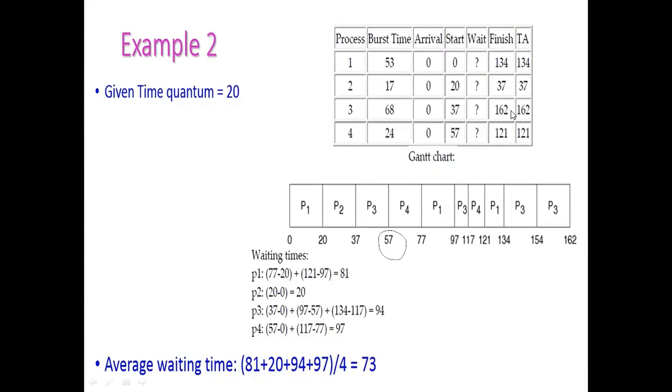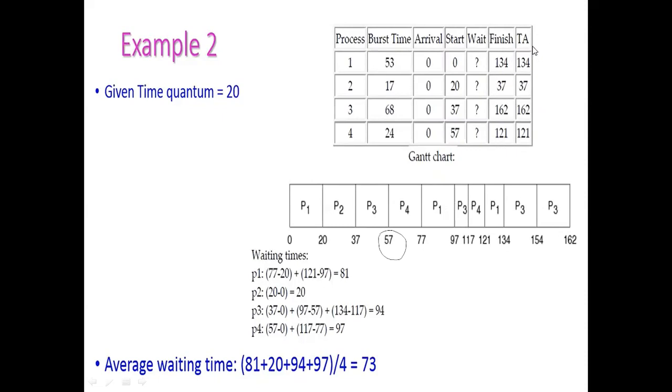For the process P3, the finish time is 162. And for the process P4, it is 121. So from the Gantt chart, you can directly find the finish time for each process.